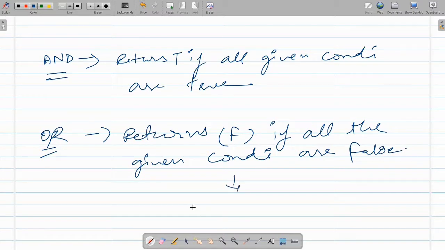So in case of OR, if one of the given conditions is true, the resultant will be true. But in the case of AND, only if all the conditions are true will it return true, otherwise it will return false. This means in case of AND, if one of the given conditions is false, then the resultant will be false. And in OR, if one of the given conditions is true, the resultant will be true.